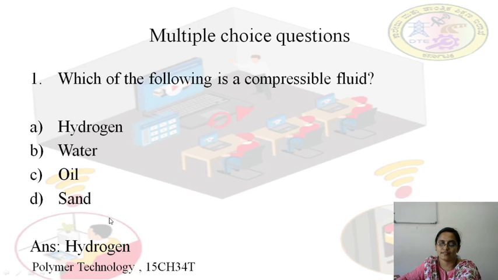Now the answer is hydrogen. Compressible fluid, we had studied that gases come under compressible fluids whose density changes with respect to temperature change or pressure change, or when some external forces are applied.